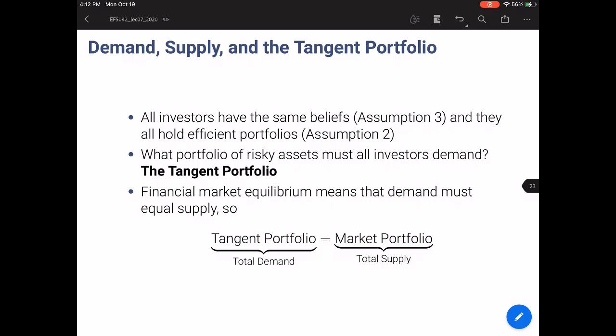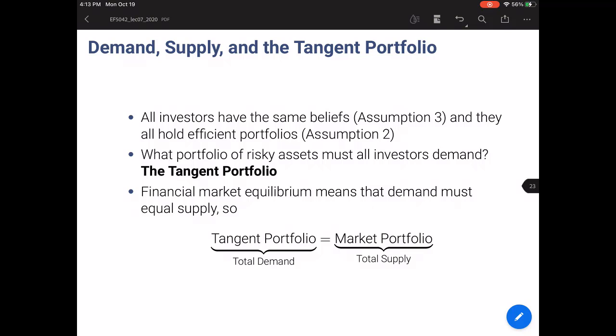So what this second question is asking you is, what portfolio of risky assets must all investors demand? And as I tried to intuitively explain, that portfolio is the Tangency portfolio. So remember, the Tangency portfolio is the portfolio that doesn't hold any risk-free asset, but it invests all of its investments in risky assets.